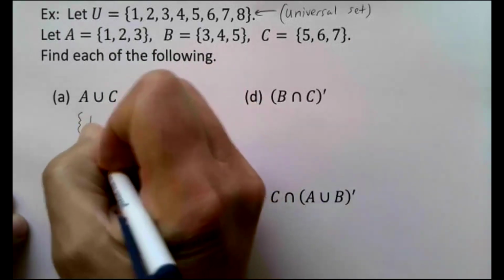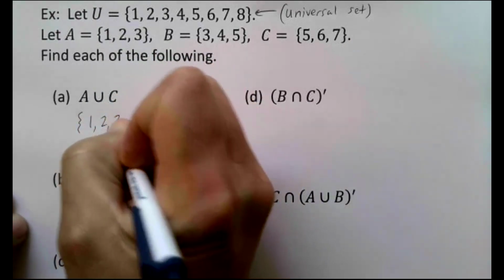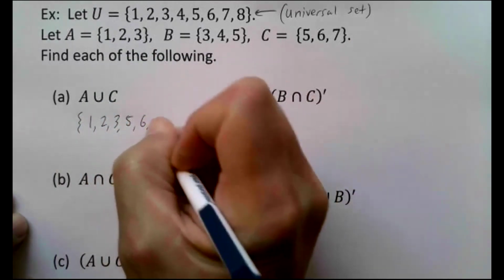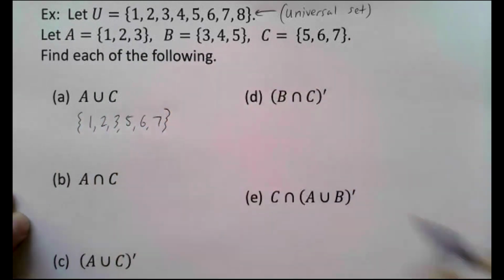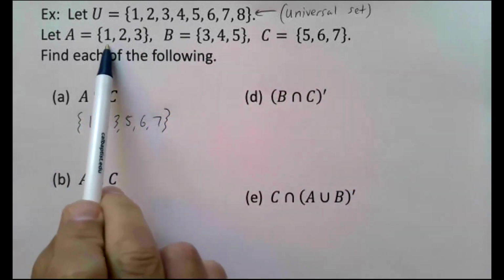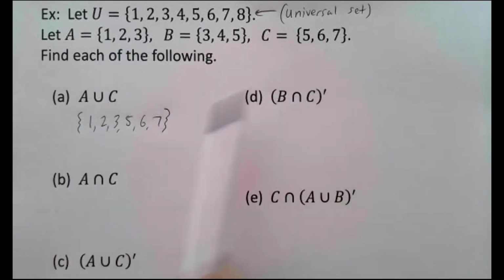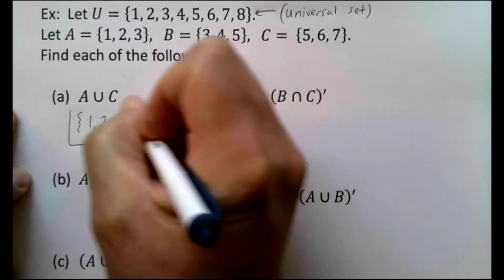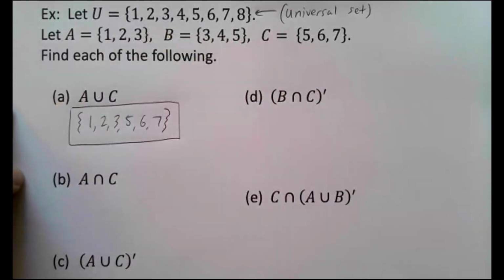You just throw A and C together, making one big team out of A and C. So all the A people got in there, all the C people got in there, we're done, right? To get into the union, you just have to be in one or the other. You don't have to be in both.